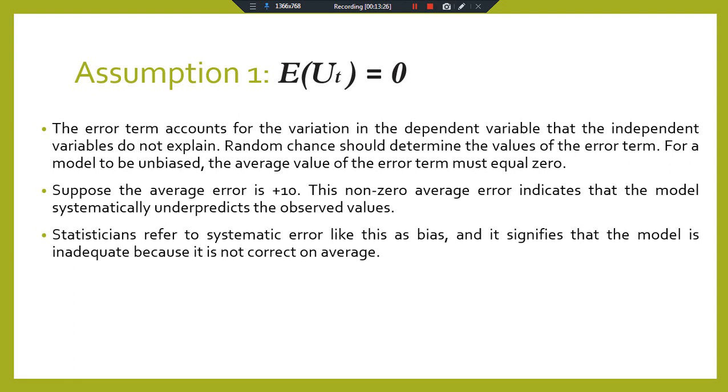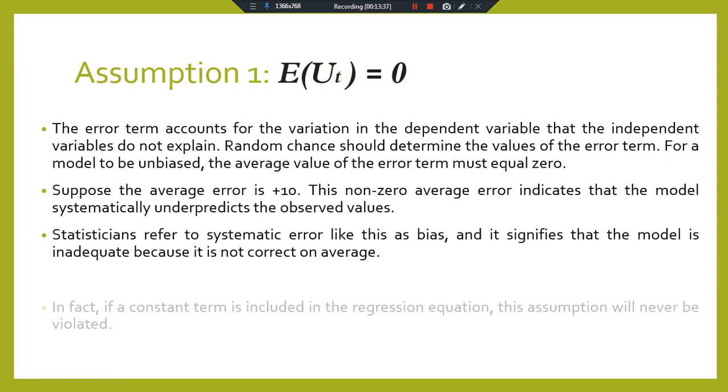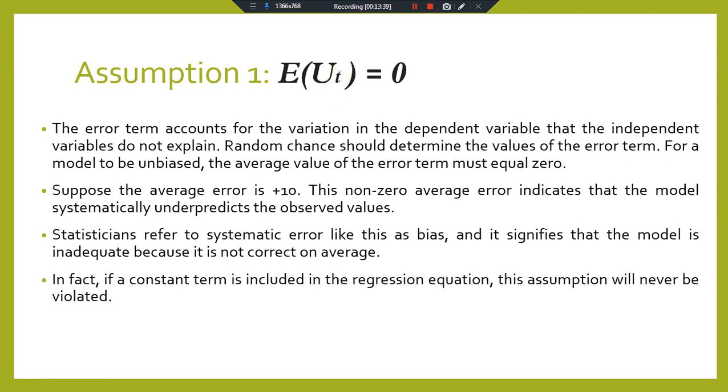So we have to ensure that the expected value of the error is equal to 0 at every cost. The solution is also highlighted by Brooks: if a constant term is included in the regression model, the assumption will never be violated, and if there is no constant term in the regression model, then this assumption will be violated.